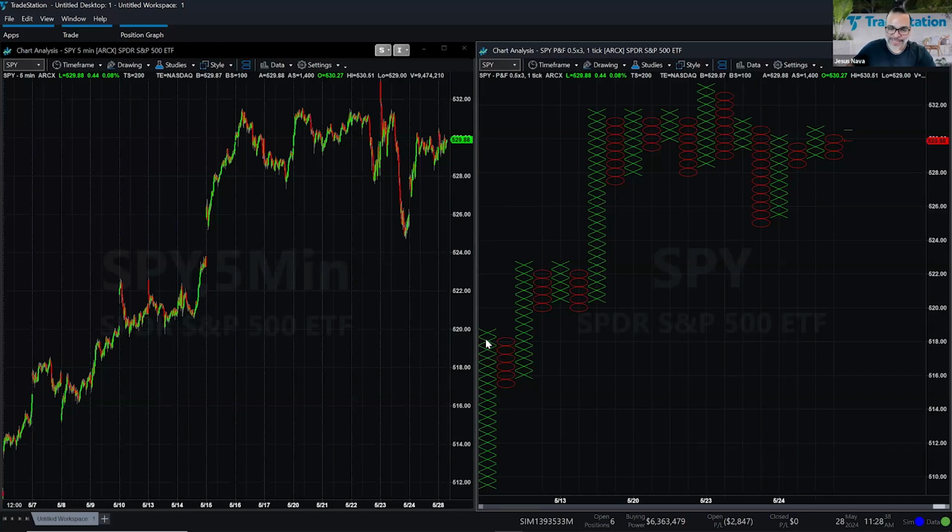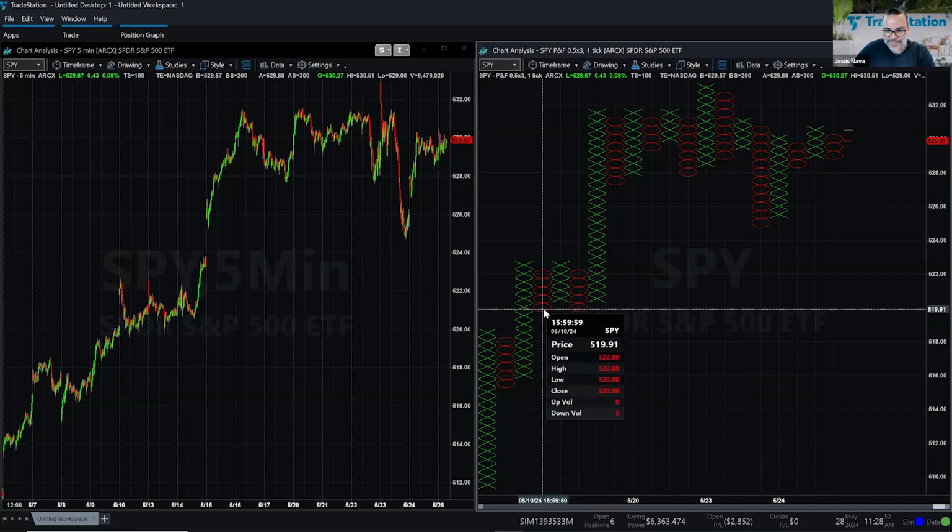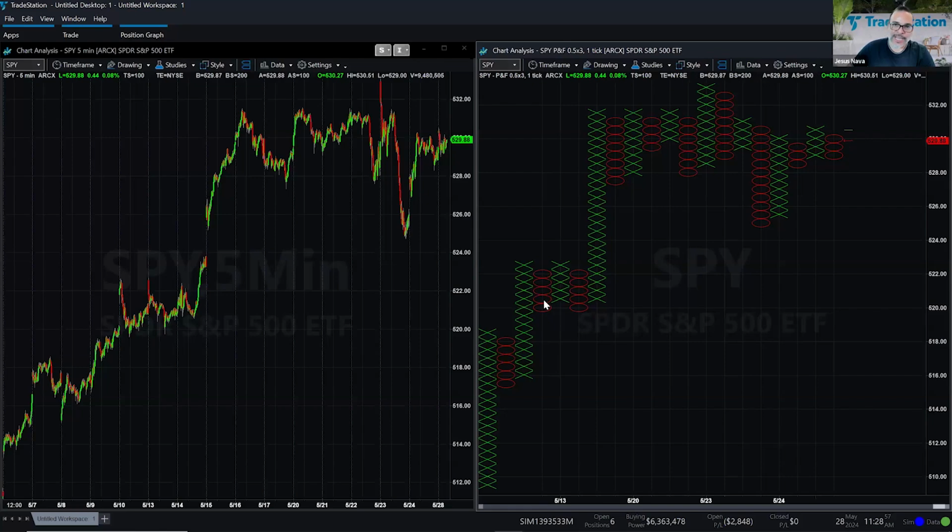As you can see, just this big column of X's is representative of that upswing. The market continued to go up again. And it wasn't until this day right here, May 10th, when we have a significant drop again. So this is the May 10th drop that you see right there. But you can see how simple the price representation is on a point and figure.